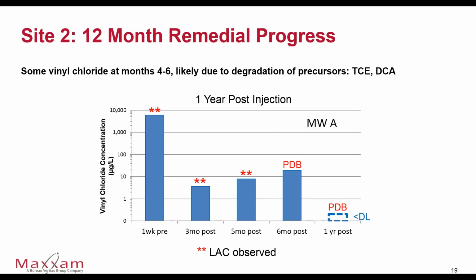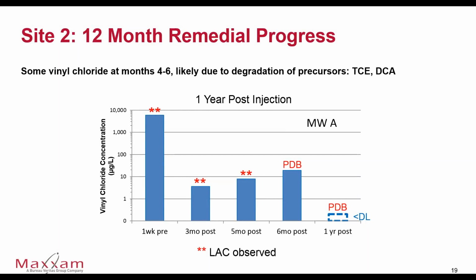And then that site 2 again, we went back a little bit later, 5 months post, 6 months post, 1 year post. The first 3 bars are low flow analysis, and there was liquid activated carbon still observed in those wells. 6 months post, that was a passive diffusion bag analysis, so good detection limits. We were getting the same results as we did with low flow.